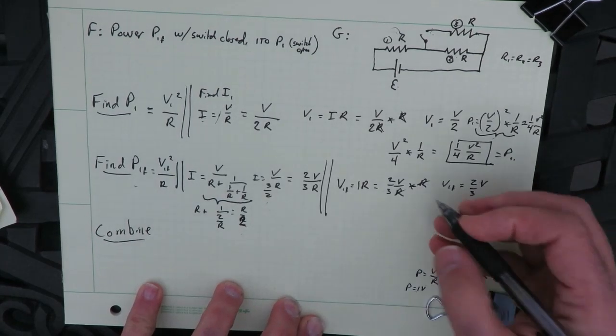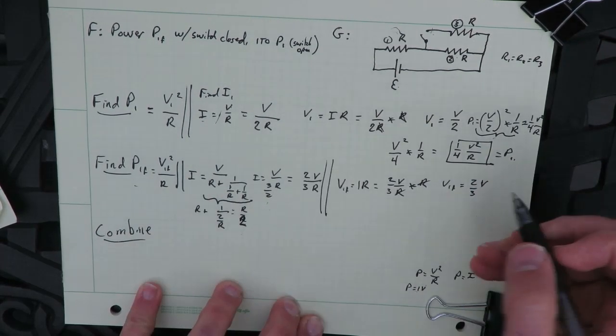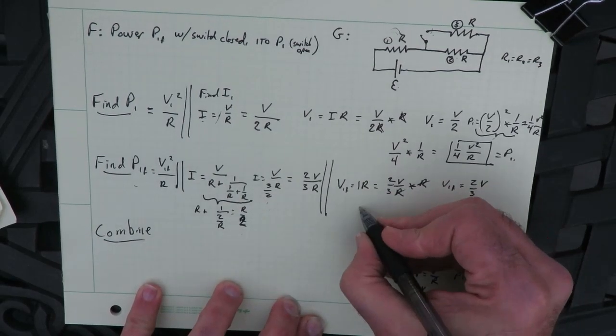I'm using V instead of the EMF symbol because I find it easier to draw. Anyway, now we need to know the power dissipated in the final state. So we're using this equation again.